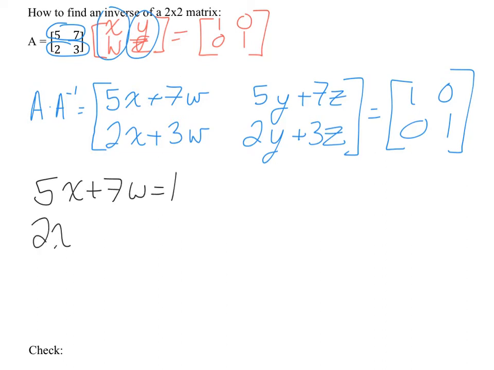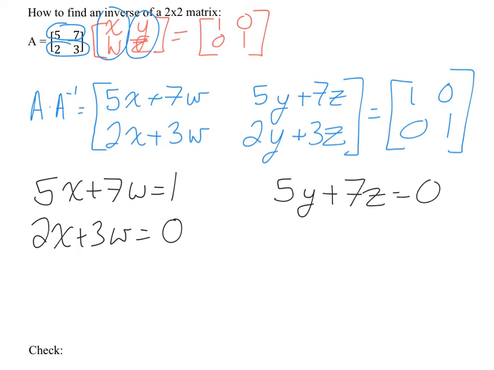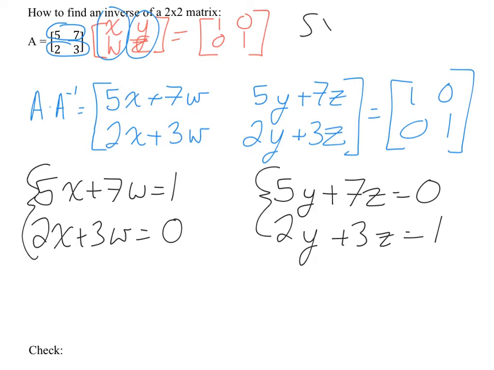I've got 2x plus 3w, and I know that equals 0. I have 5y plus 7z, which I know equals 0, and I have 2y plus 3z, which I know equals 1. And then what we end up having here is a beautiful little system of equations.